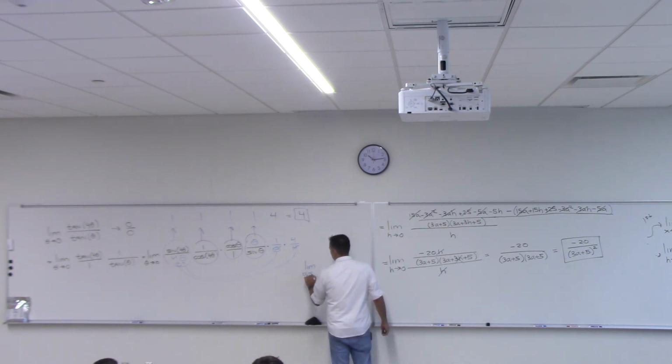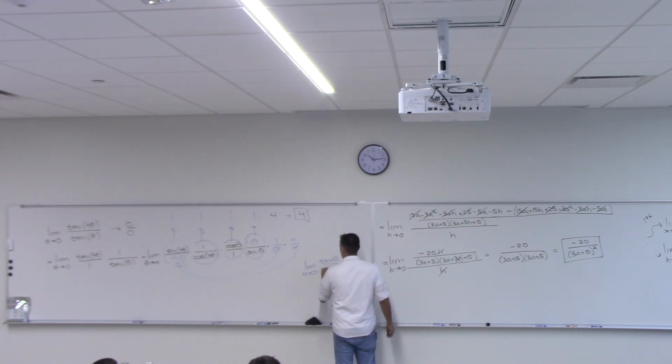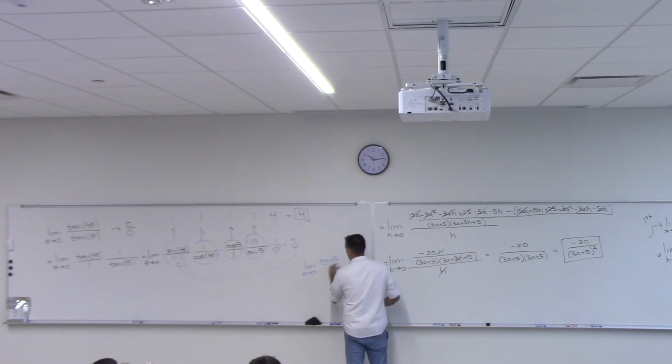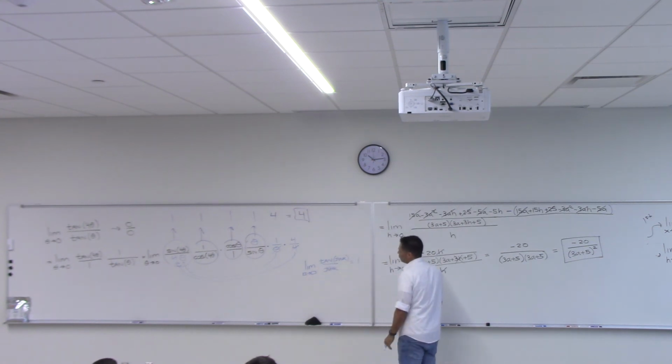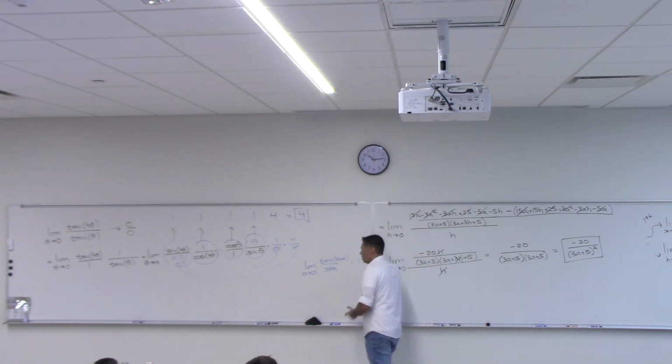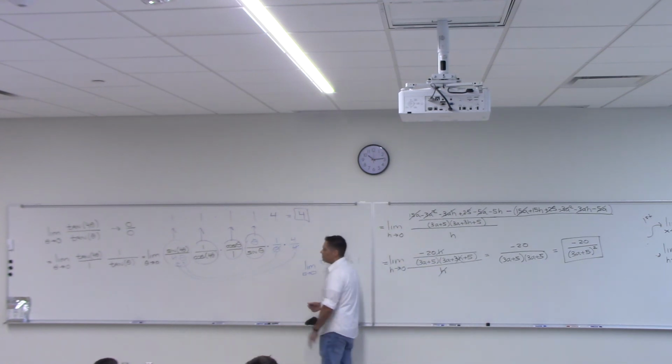So I guess what you're asking me is this. It's tangent of junk over junk equals, let's do junk. Can you say tangent junk over junk also equals 1? Only if it's going to 0. Yeah, you can do that. So I don't have to break it up into sines and cosines? You don't have to. Okay. That's all right.